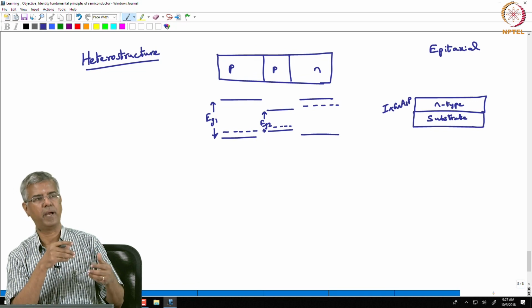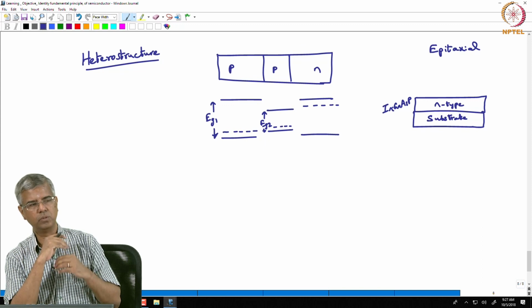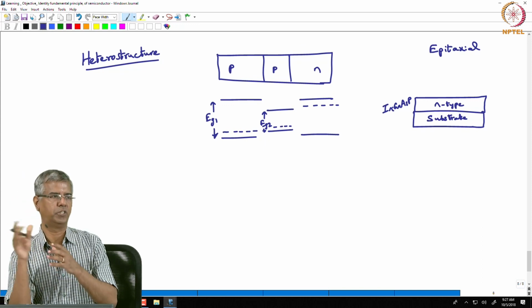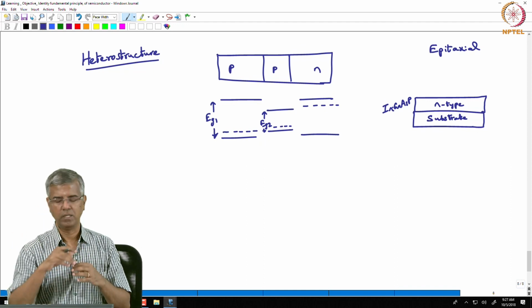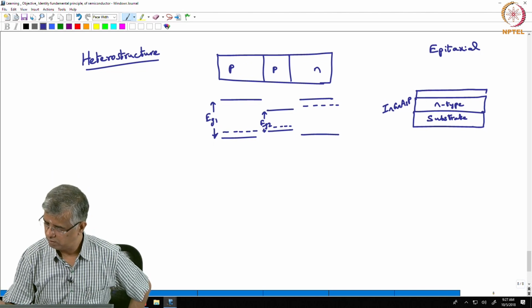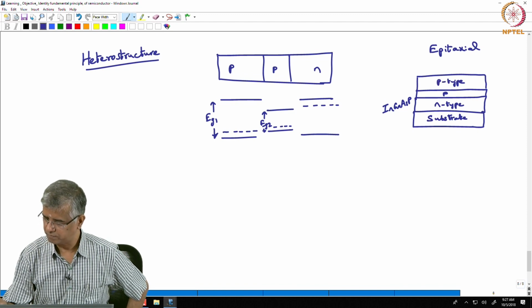So you get a different band gap energy, and then on top of that you have another p-type layer with the original composition itself, right. So the band gap energy is the same. So this is what you do. So you have n-type, you have a thin p-type, and then on top of that you have another p-type, right.